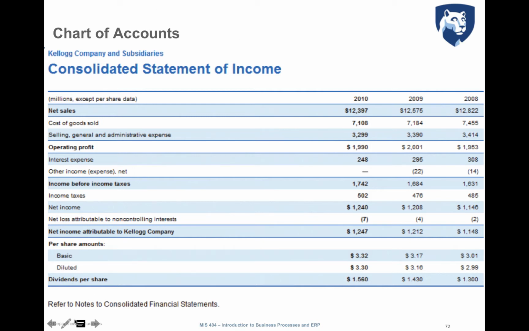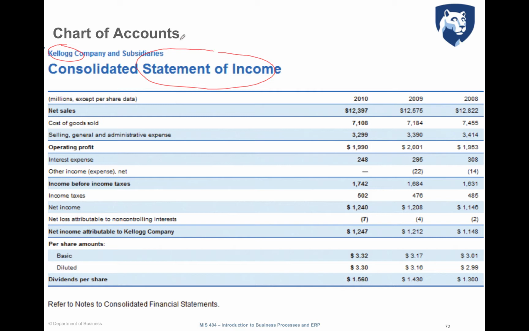So the consolidated statement of income for Kellogg's that you see in the slides. This consolidation is necessary because the enterprise is itself a separate legal entity, so Kellogg's exists as a separate legal entity, like a parent or holding company, and needs to satisfy some reporting requirements.